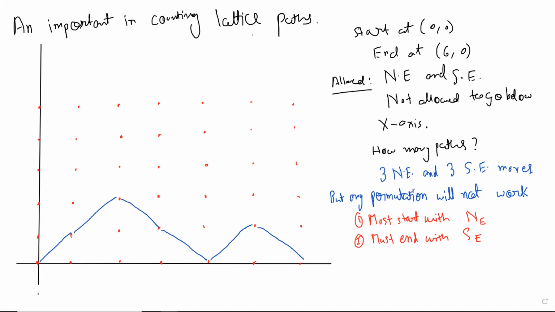But if you do anything in between, is that good? No, in the beginning you can take 2 northeasts.